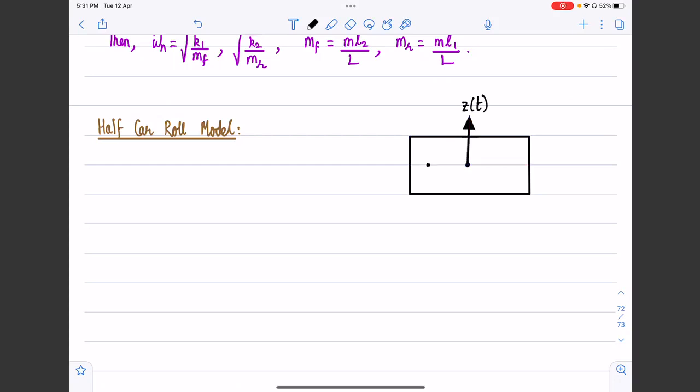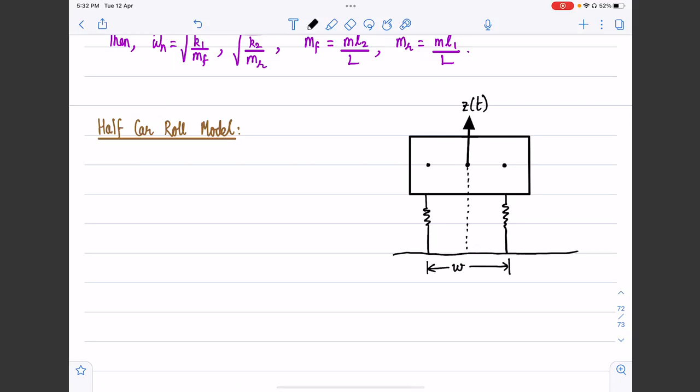Let's say the left and the right suspensions are fixed at this point, and let's draw the two suspension springs. They are in contact with the road surface. This distance, let's call it W, which is the distance between the left and the right suspensions.